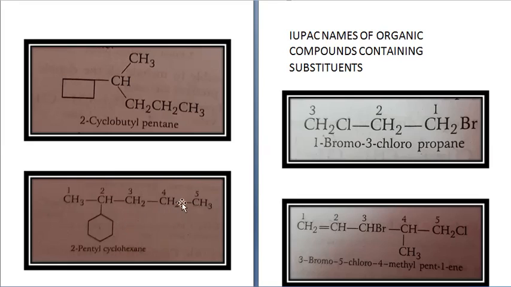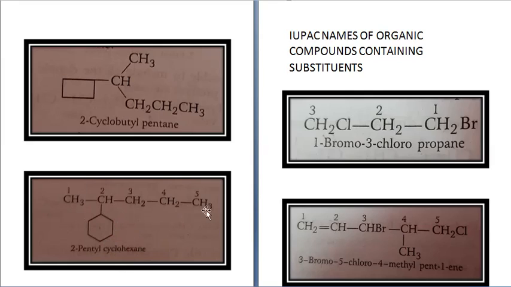Now we move ahead. See another example. If the side chain contains more carbon atoms than the ring, the compound is considered a derivative of alkane. Now here the ring has only 4 carbons, 1, 2, 3, 4.